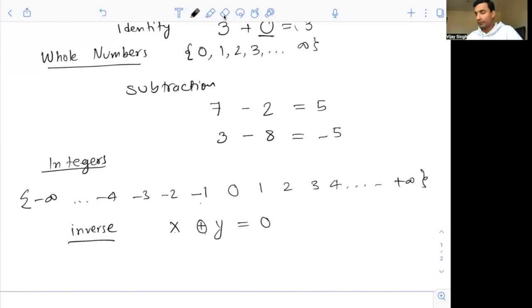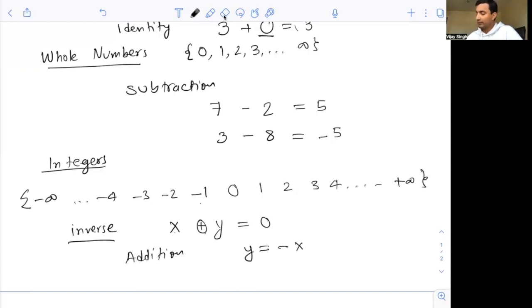So if this operation was, let's say, addition, now we are looking for the inverse of the operation addition, which in this case is subtraction. So what should this number y be? Well, this number y should be equal to the negative of x.